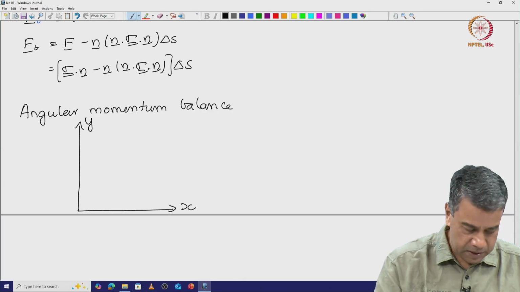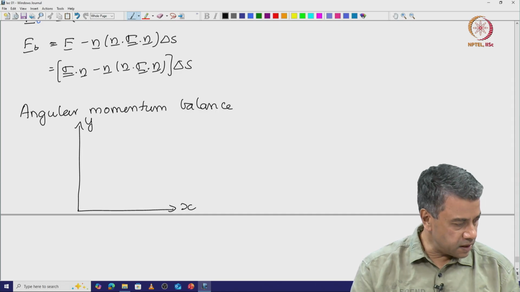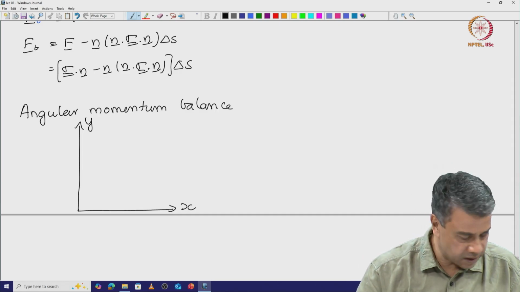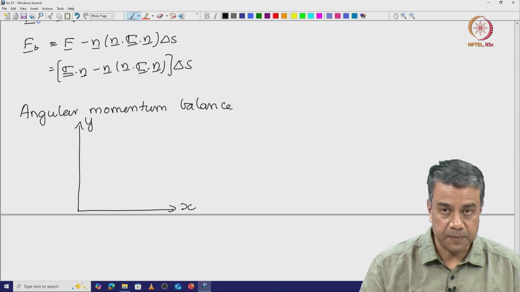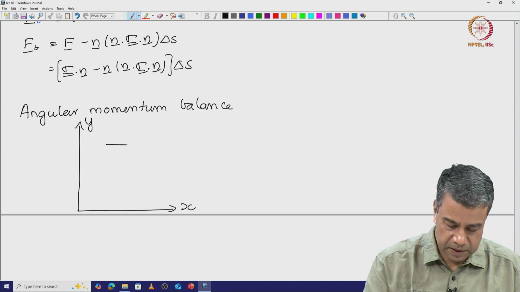X and y coordinates, and let us take a differential volume. I am taking the plane perpendicular to the z direction.